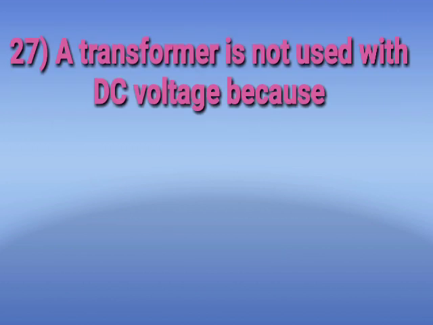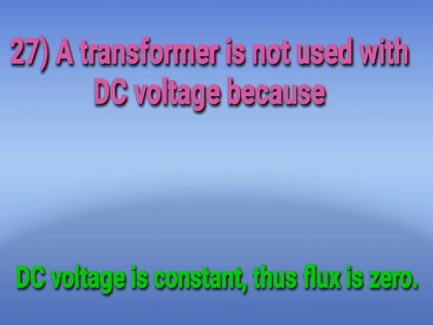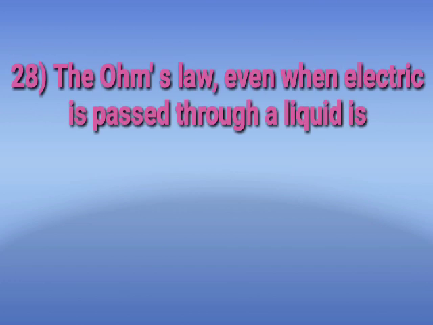A transformer is not used with DC voltage because DC voltage is constant, thus flux is zero. Ohm's law, even when current is passed through a liquid, is true.